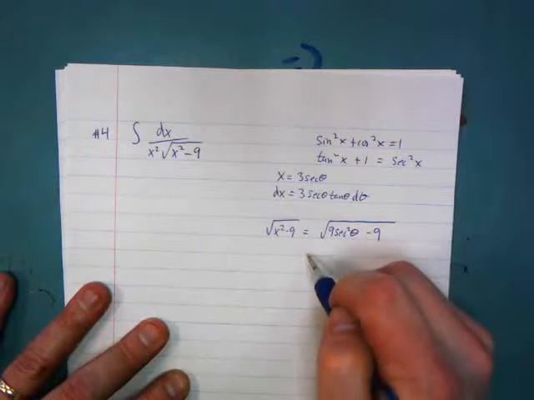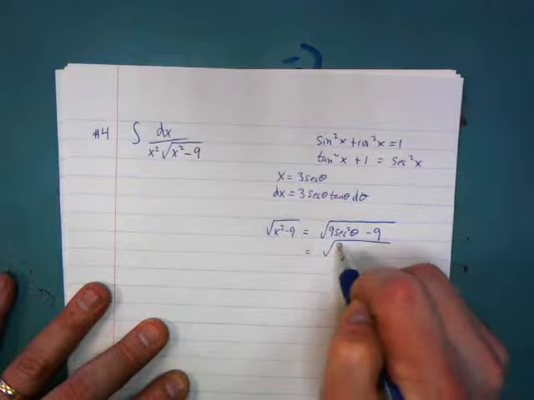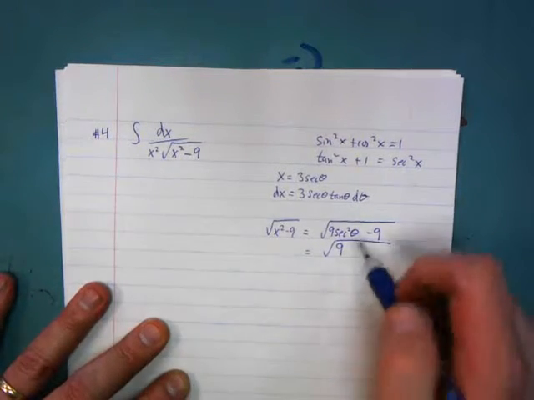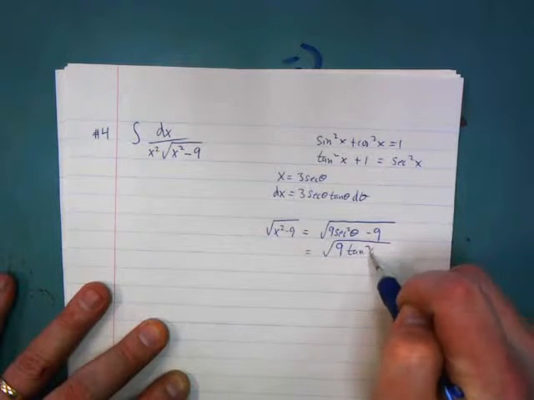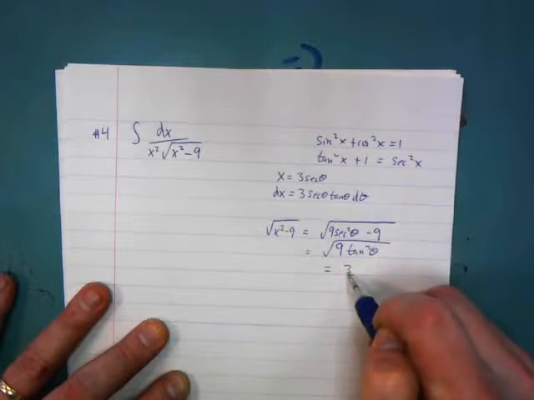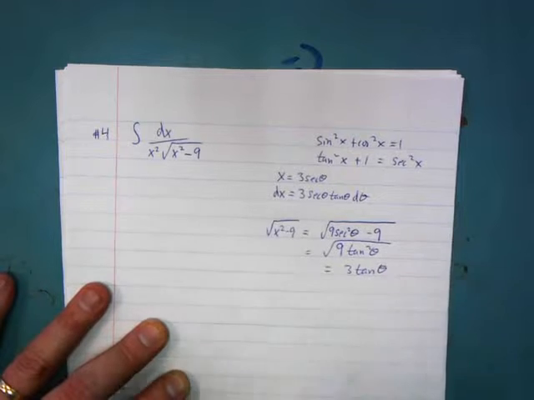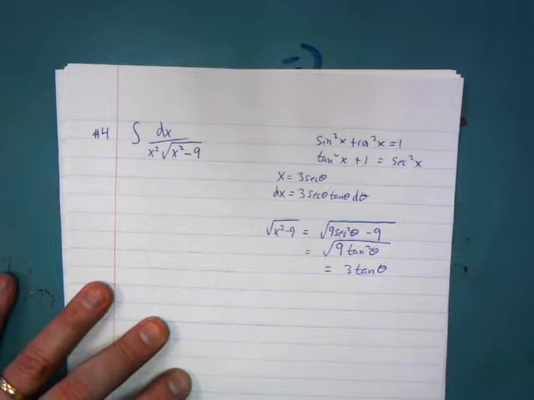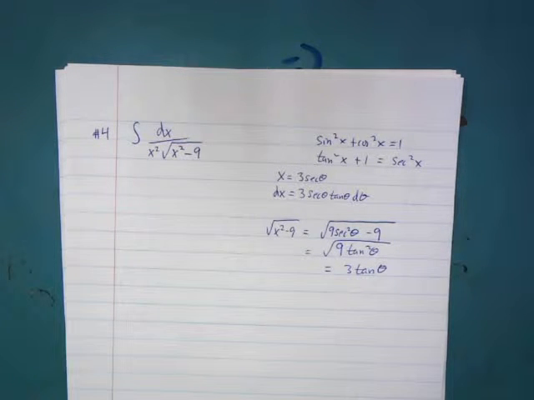You factor the 9 out, and you're left with secant squared minus 1, which is tangent squared. So the whole square root thing simplifies down to be 3 tangent theta. And that's the whole idea behind trig substitution. The whole idea behind trig substitution is to make those square roots disappear.